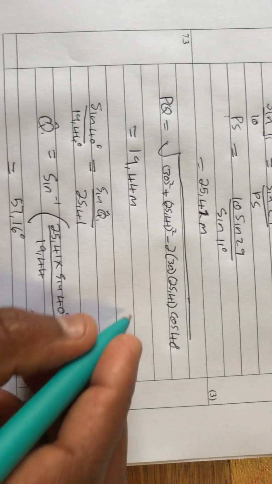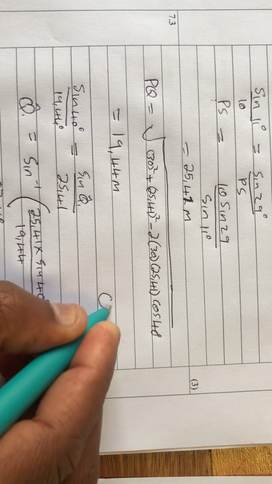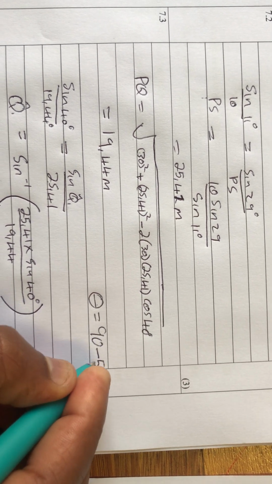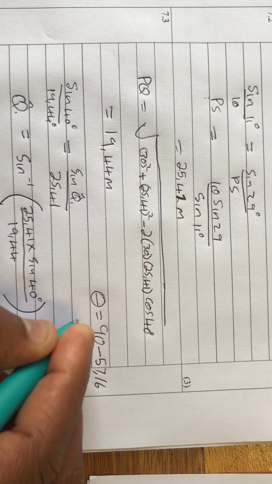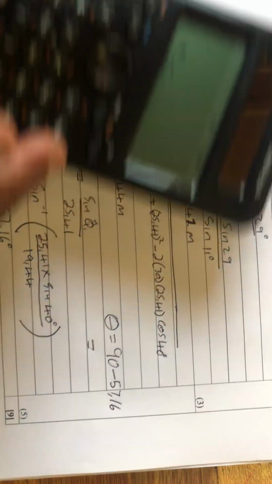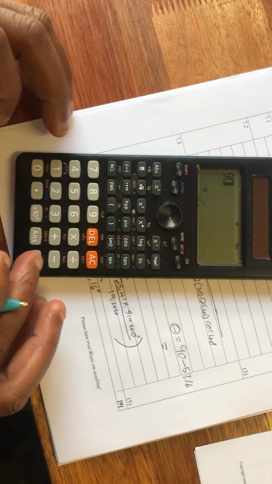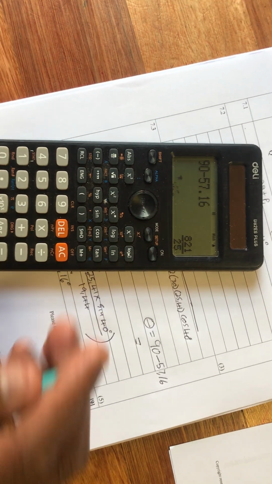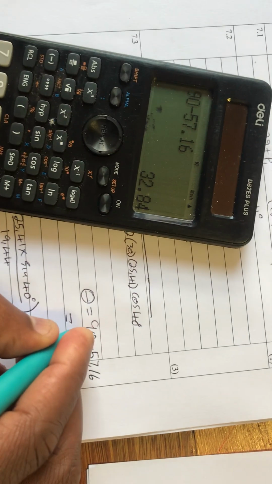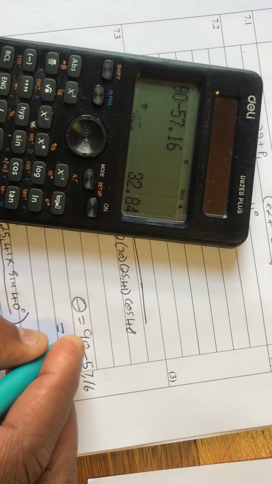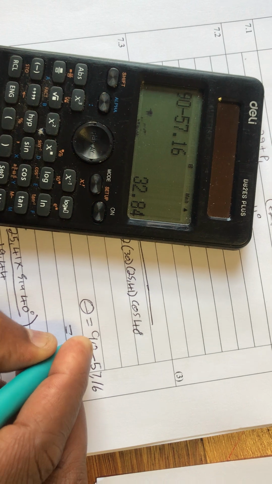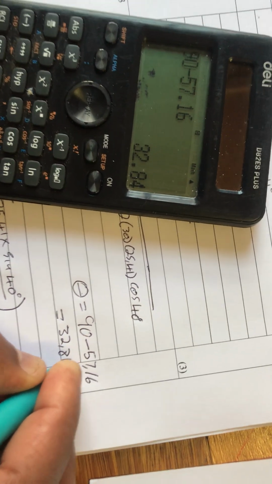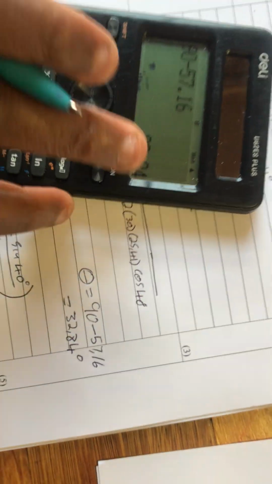Therefore, angle theta equals 90 minus 57,16, which, when you use your calculator, gives you 32,84 degrees. Therefore, you are done.